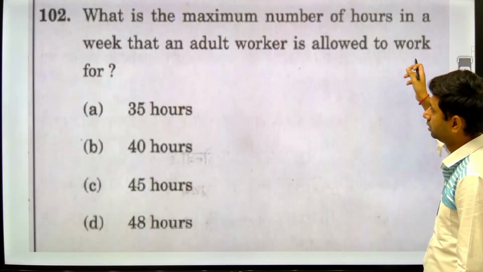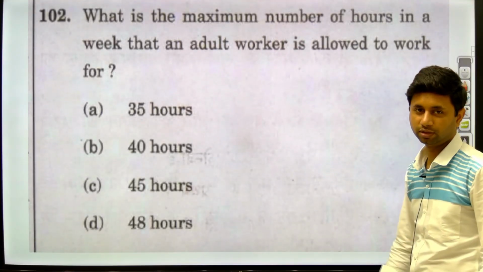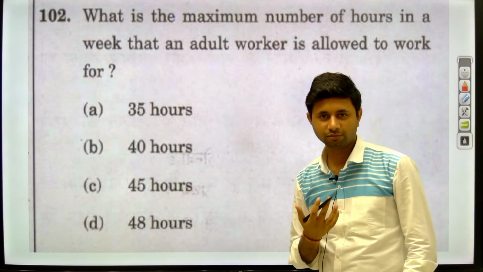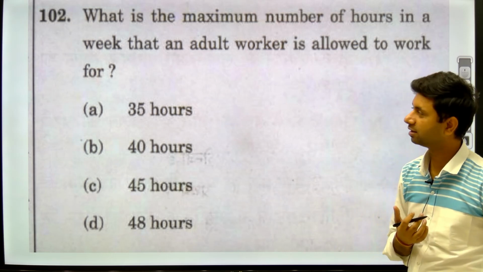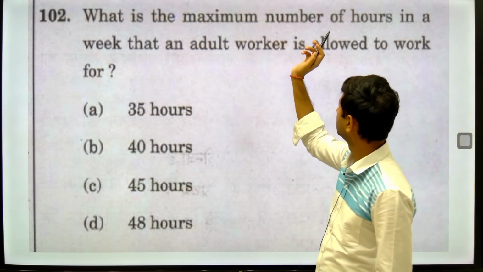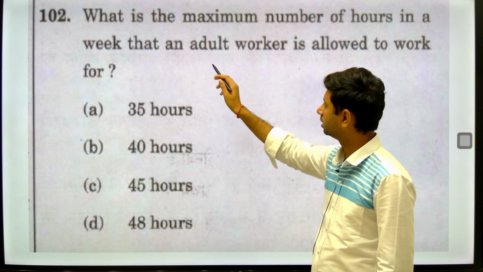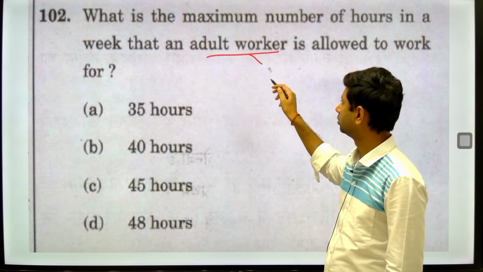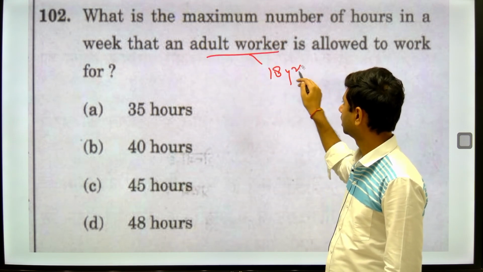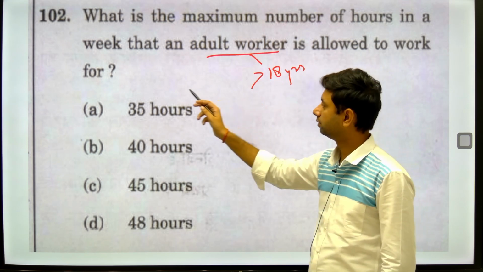Now let's go to the next question, which is very relevant for all the working people. They must be very interested in knowing these things. So what is the maximum number of hours in a week that an adult worker, which is more than 18 years, is allowed to work for?